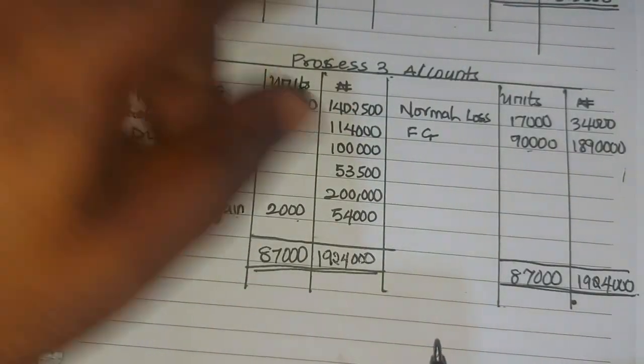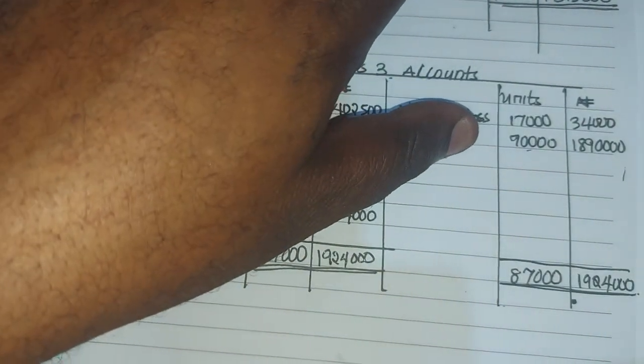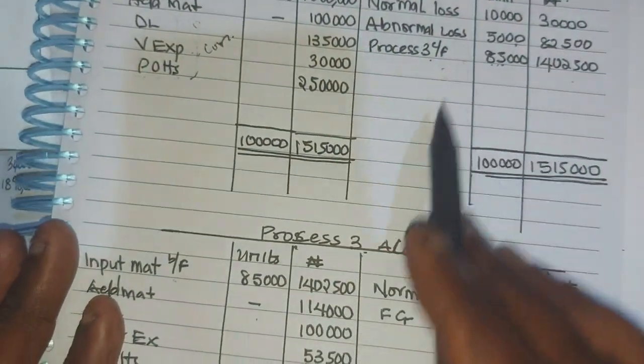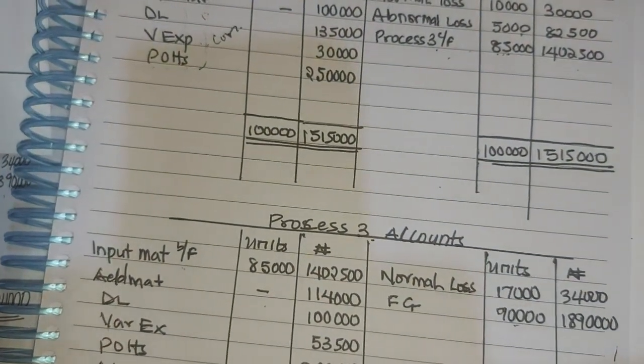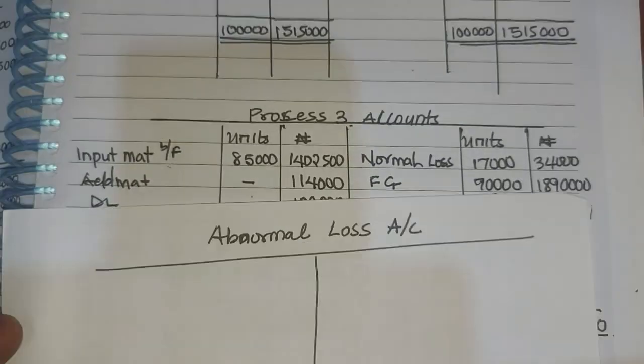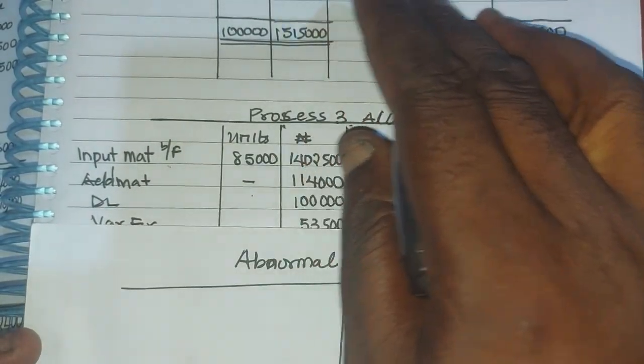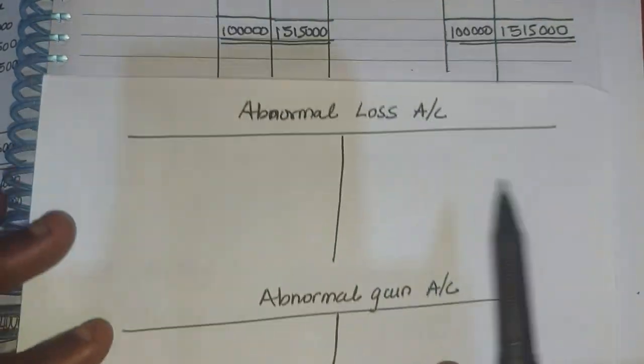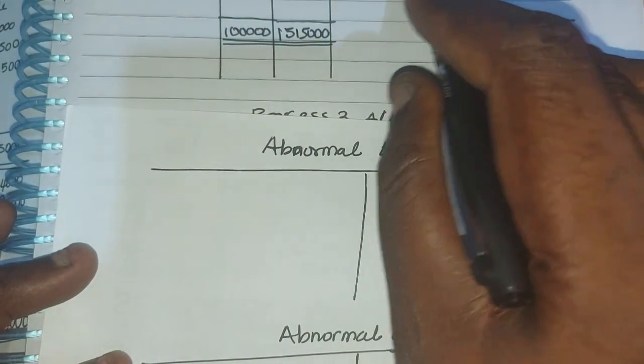Then we need to prepare the normal loss account, the abnormal loss account, and the abnormal gain account. For the normal loss, you credit the process account. Then let's start with the abnormal loss.